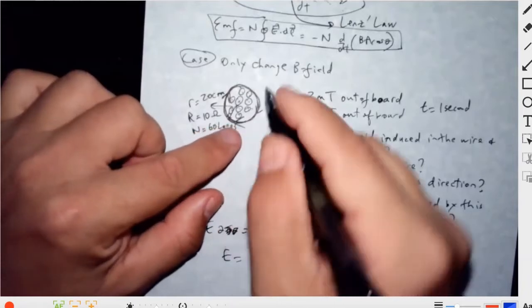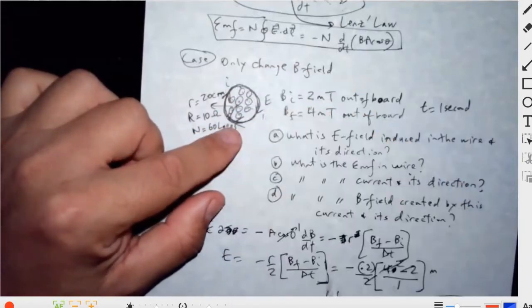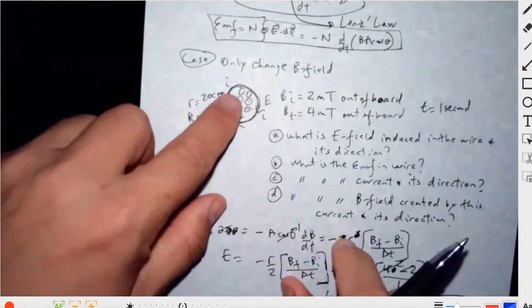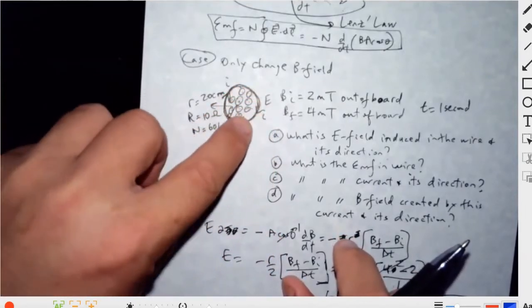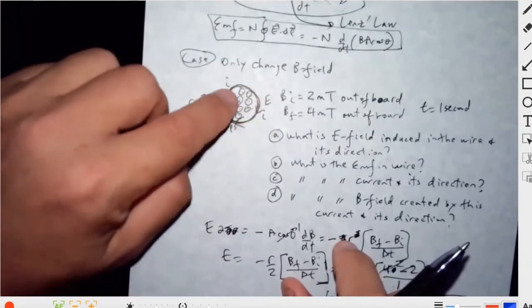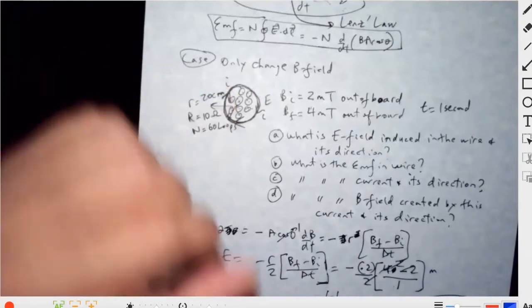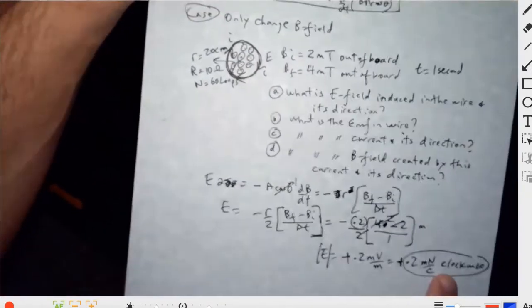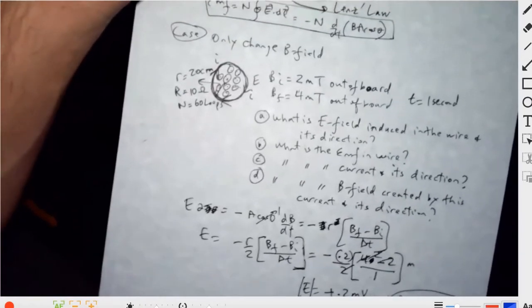Remember, we use positive current flow. So in other words, a clockwise induced electric field will give rise to a clockwise current. That's the idea.